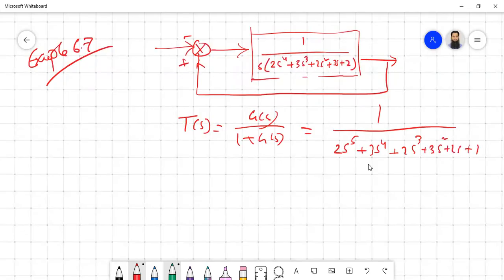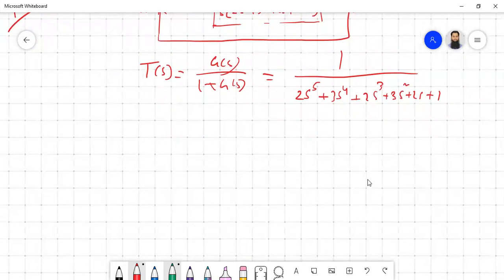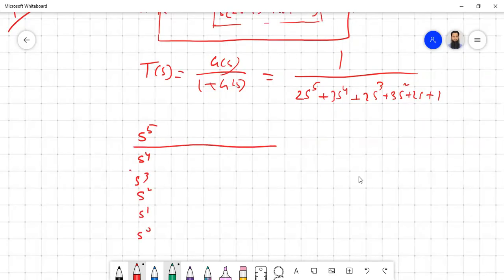Now, we already have our characteristic equation: s to the power 5, s to the power 4, s cubed, s squared, s to the power 1, s to the power 0. Okay.